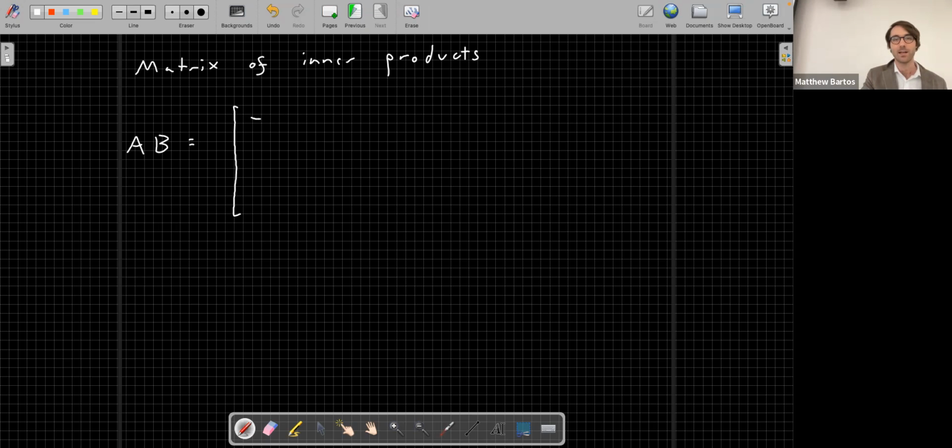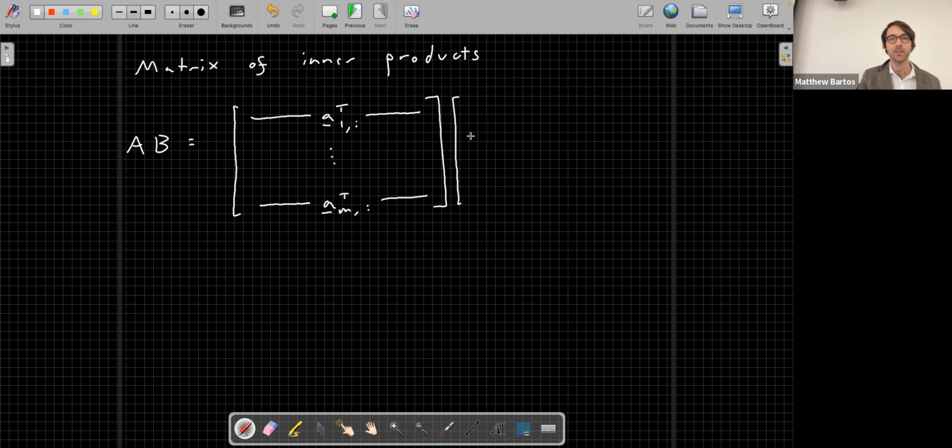So A is A(1,:) transpose all the way through A(m,:) transpose. We're going to think about B in terms of the columns, so B is B(:,1) all the way through B(:,p).